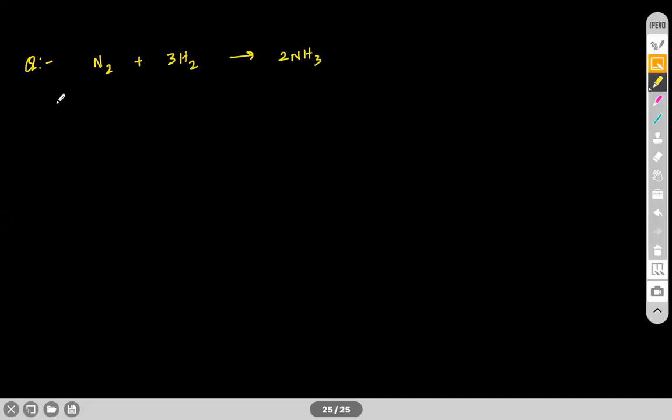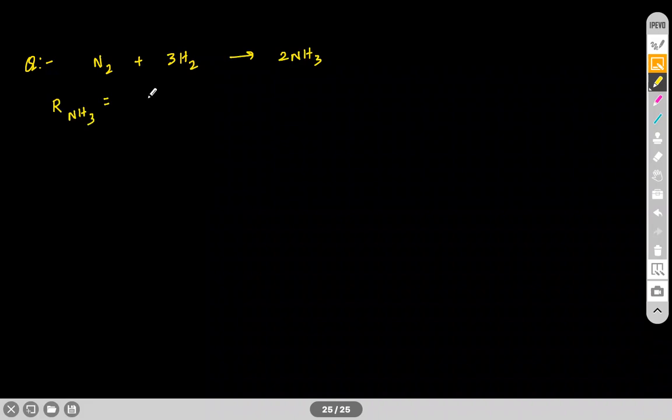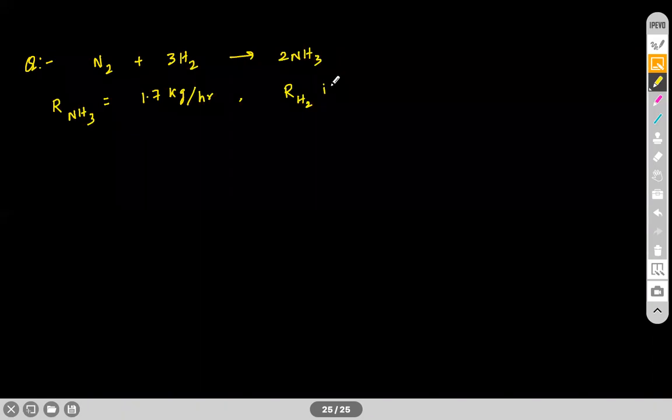Rate of ammonia, R of NH3, is given. It is 1.7 kilogram per hour. For this given reaction, you need to find out the rate of hydrogen, H2, in gram per minute.